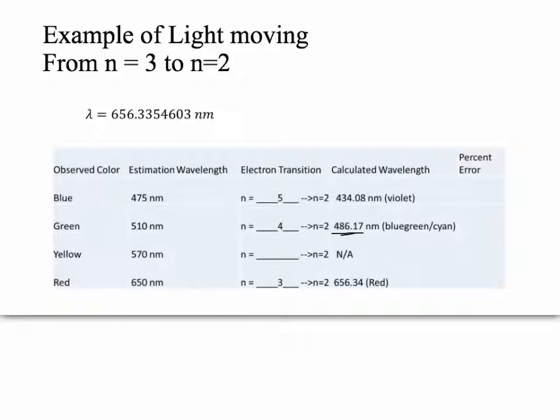Well, 510 is closer to 486 than it is to 570. But if you look at what each of these colors represent, 656 is going to be red, 486 is going to be a blue-green, cyan, however you want to say that. And then the rest of the colors that you see are going to be violet.